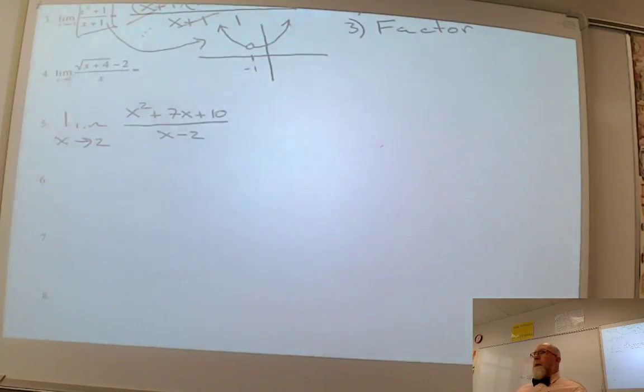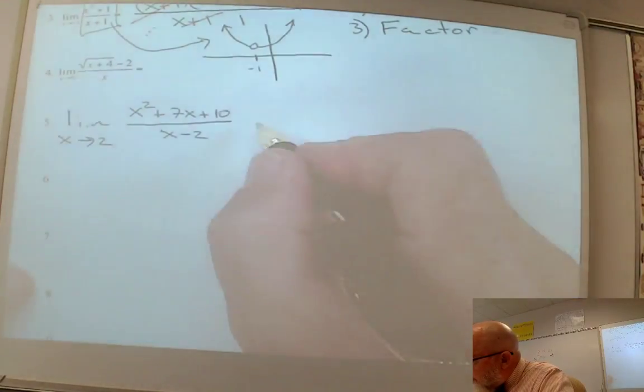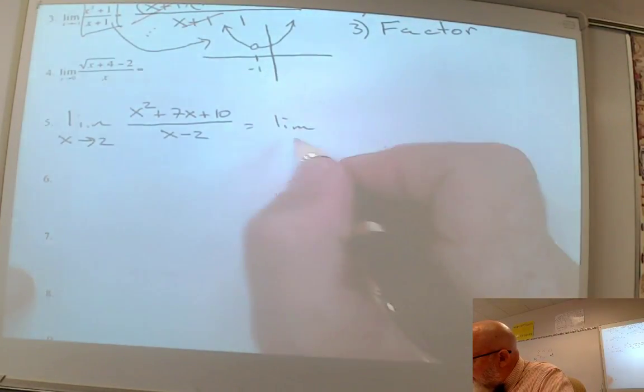How can you figure out that limit? Factor? Does everybody see why you would factor? You can't substitute, can you? So, the question is, what does that factor to?